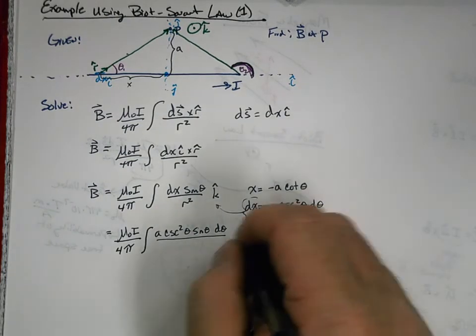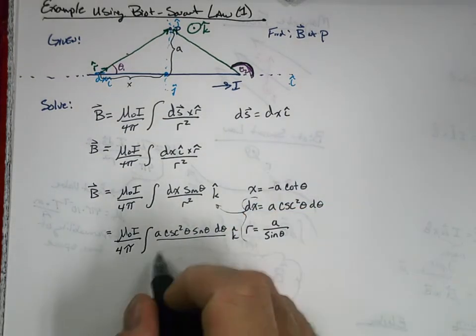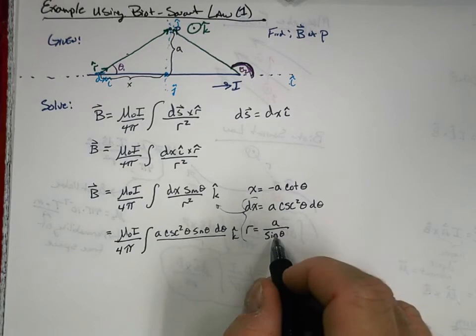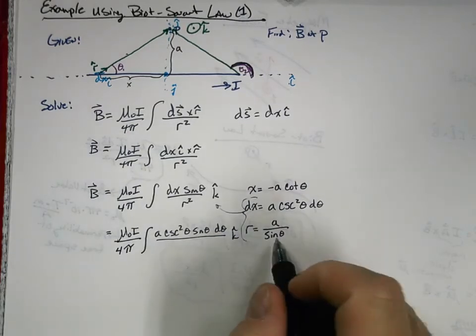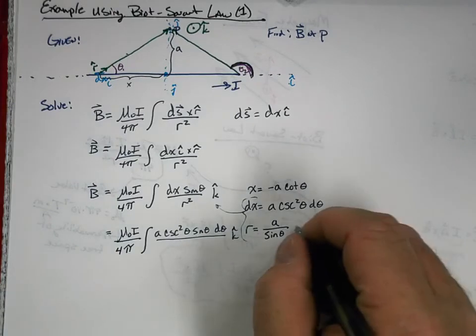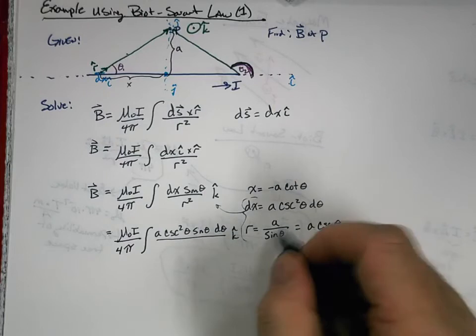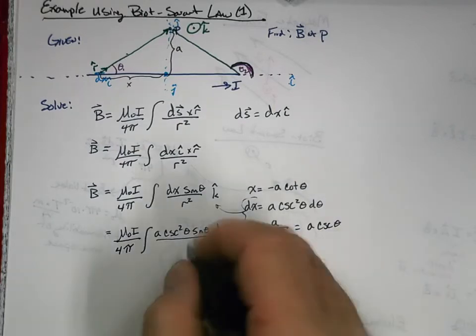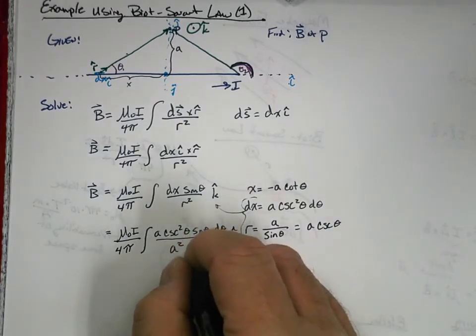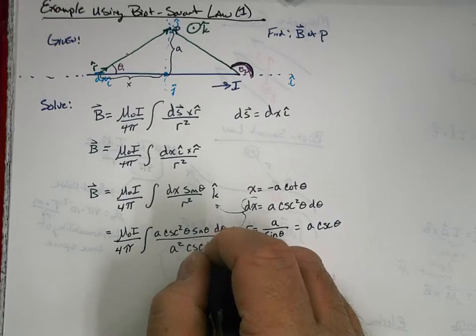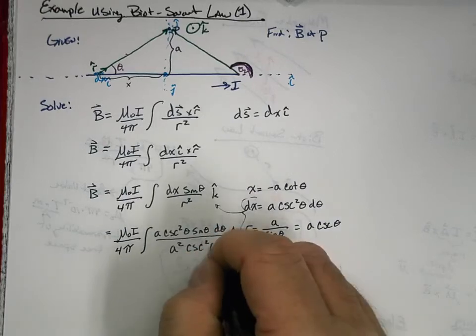Still k hat, all over r squared, but r squared is a squared over sine squared theta. And 1 over sine is just cosecant. So this becomes a squared cosecant squared theta.